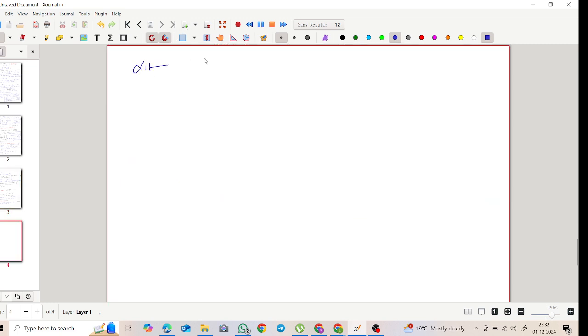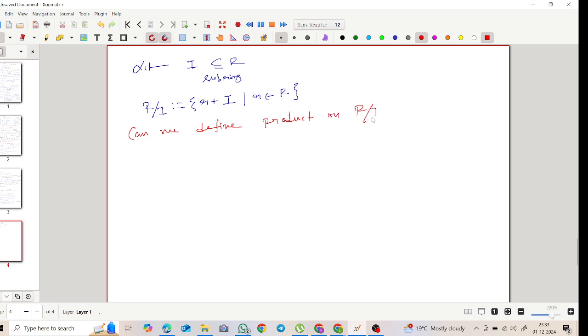So let I, a subset of R, be just a subring. We don't know whether it is an ideal or not, just a subring. So you define R mod I by just the cosets, r plus I, where r belongs to R. Can we define a product on R mod I?